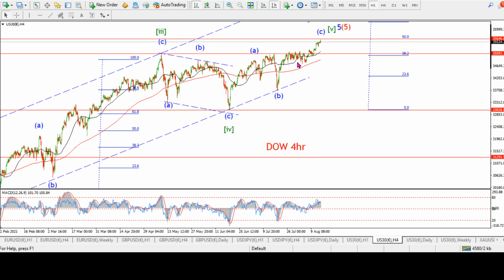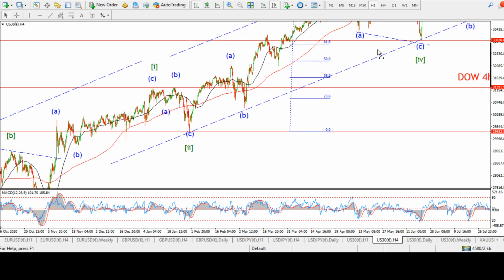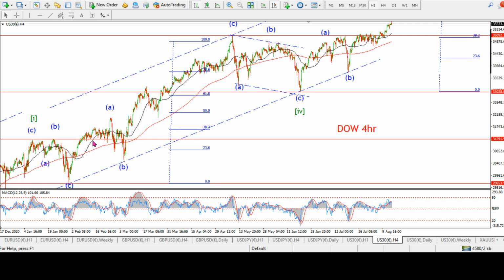But we have an ABC up now complete in wave 5. So if we go back here, you can see wave 1. This is off the November lows. So we've got A, B, C up in wave 1, ABC down in wave 2, ABC up in wave 3, ABC down in wave 4, and then ABC up in wave 5.